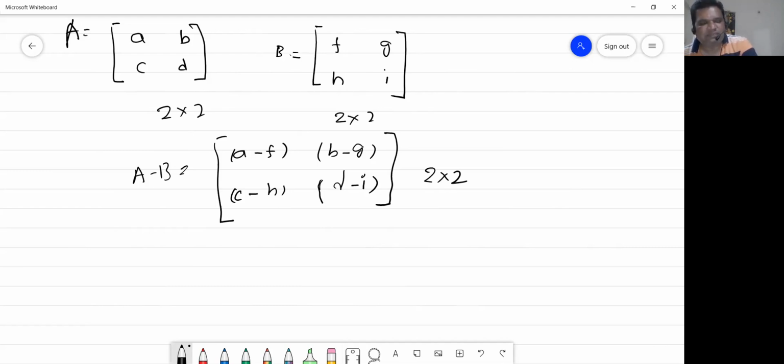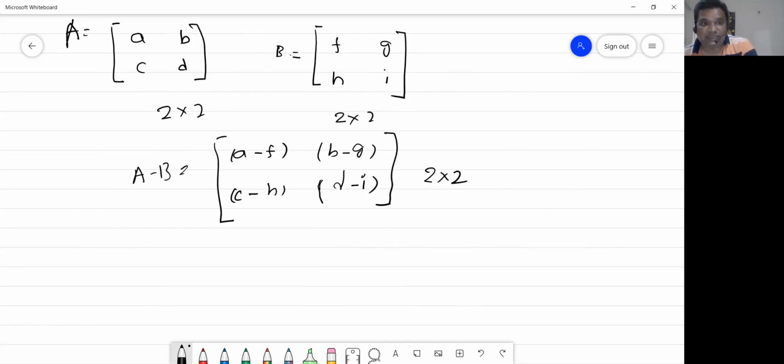Matrix addition or subtraction is done in the same fashion for a 3 by 3 matrix. So we can go for a 2 by 2 matrix or a 3 by 3 matrix. In the 3 by 3 matrix also, the corresponding elements of the first matrix are added to the corresponding elements of the second matrix. Like that, we can do the addition.